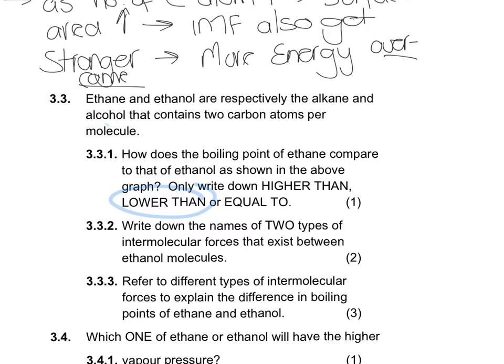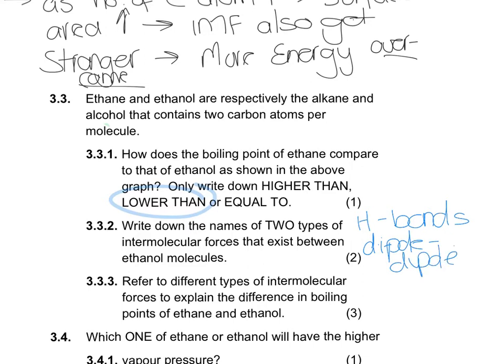This one's really important, okay? So here, because it's ethanol, we need to recognize that ethanol is going to have hydrogen bonds and van der Waals. And specifically, it's going to be dipole-dipole, because it's a polar molecule.